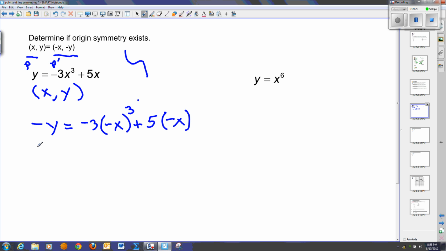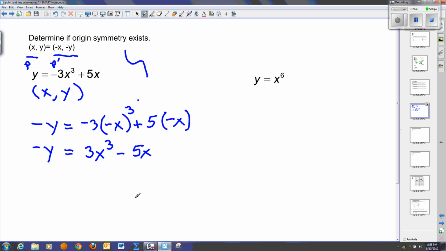I have to show that this new equation is the same as the original. Well, grind a little bit out. Negative x quantity cubed goes to a negative x cubed. But multiplied by negative 3 and we get a positive 3x cubed. So far, these aren't the same because I have a negative 3x cubed here and a positive 3x cubed here. Minus 5x.